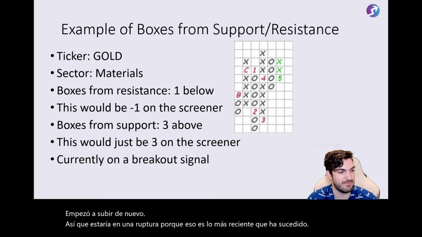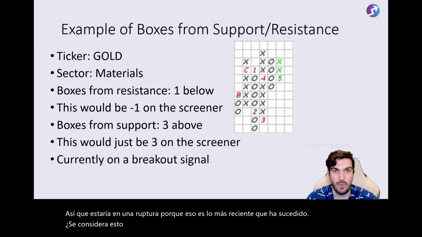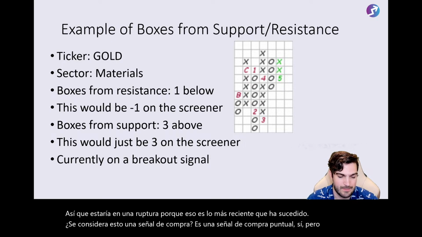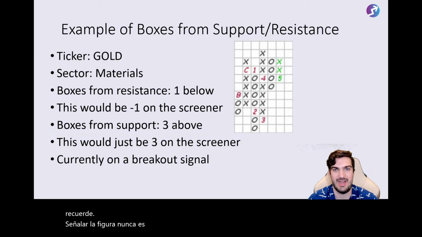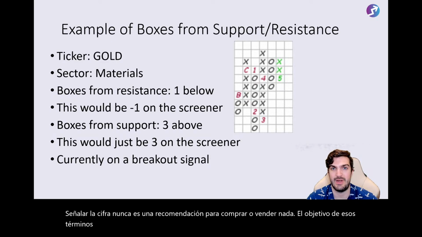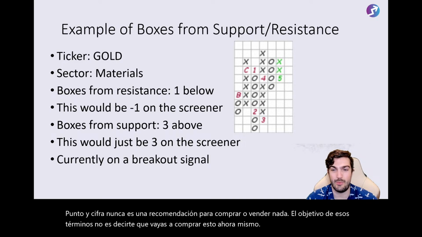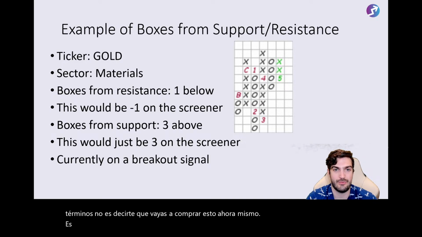Is this considered a buying signal? It is a point and figure buy signal, yes, but please remember, point and figure is never a recommendation to buy or sell anything. The goal of those terms isn't to tell you go buy this right now, it's to identify when a level of support or resistance is broken.